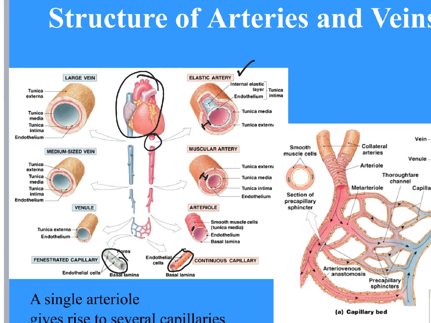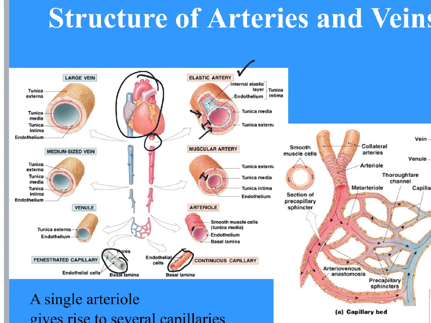That's an elastic artery. That elastic artery is going to be able to withstand the pressure that the heart generates. You see it's got a thick tunica media right here. It's got a thick tunica externa to anchor it to nearby structures in the body. This is clearly not an exchange surface.